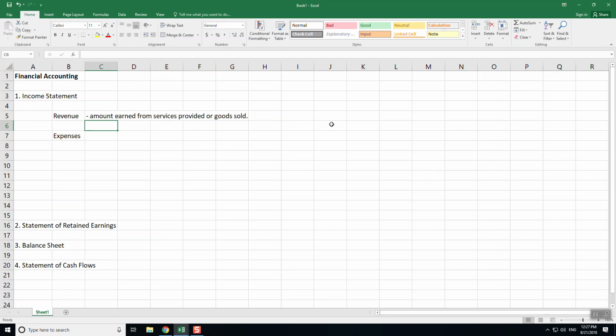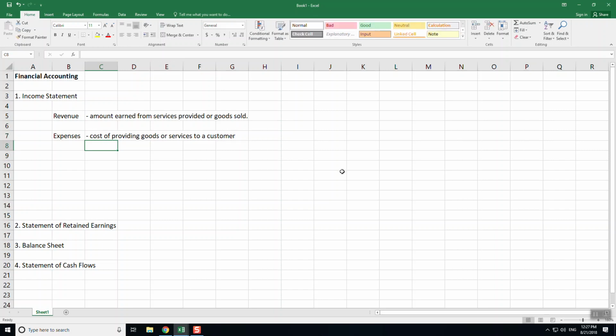Okay. So just with that definition, you can kind of come up with a definition for expenses, right? The amount that it costs for you to provide that. Yes, so it's the cost of, basically in a nutshell, providing goods or services to a customer.